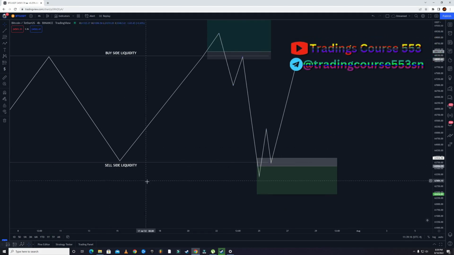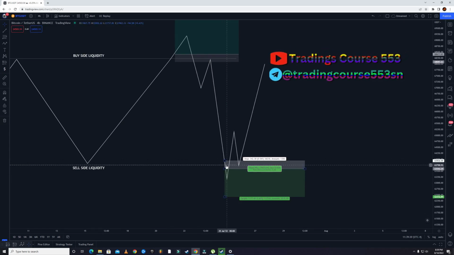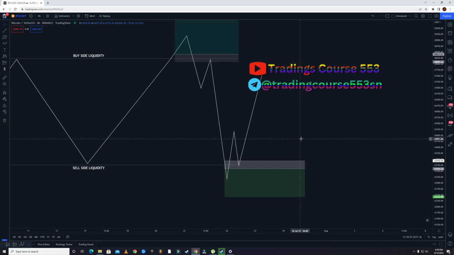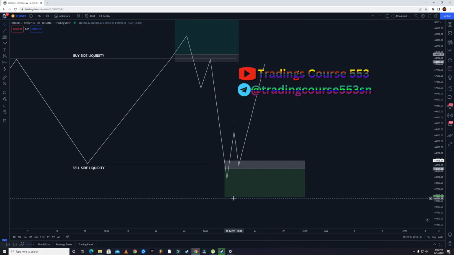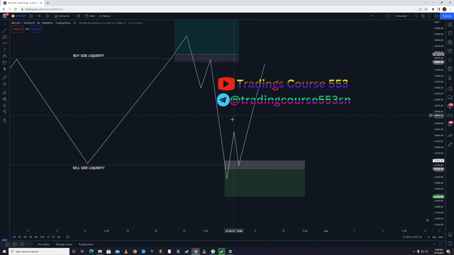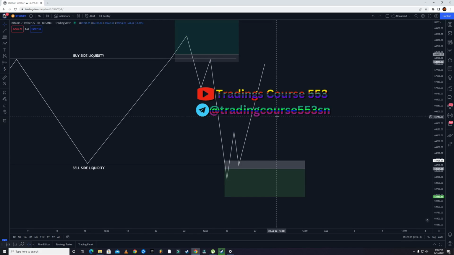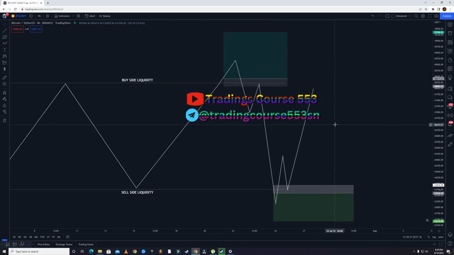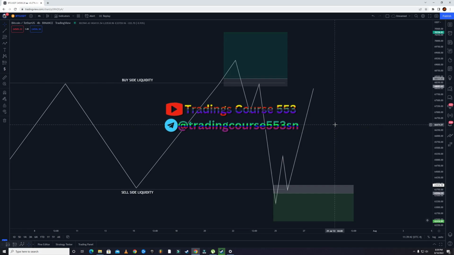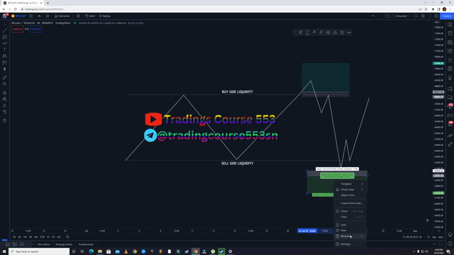So when we are shorting, let's say you shorted here, and price stops you out, then it would trigger buy orders. When you get stopped out, it will trigger buy orders. And then with the momentum, with liquidity, price is going to go back up to its original destination with heavy momentum. So this is the concept of liquidity.